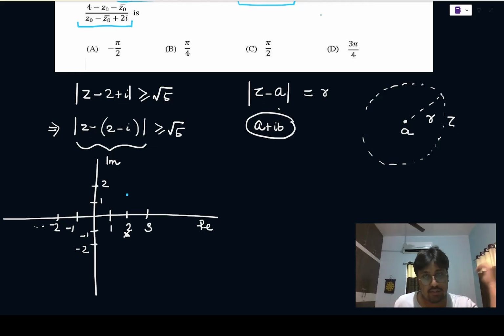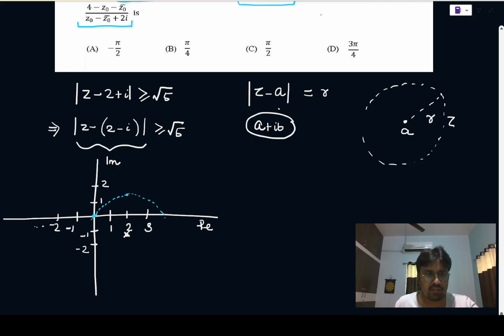One interesting thing to note here is, from the origin, which is 0, 0, the distance of this particular point will be exactly square root of 5, because on x we have 2, on y we have 1. So the distance using Pythagoras theorem is square root of 5. So the circle will pass through the origin, and again the distance is square root of 5.